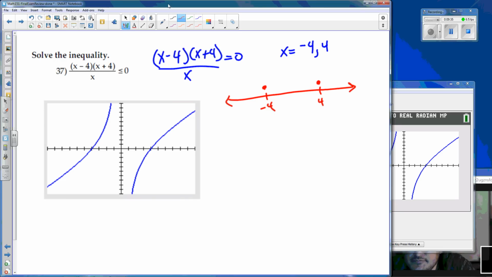From -4 this way, it is less than 0. It's greater than 0 here. It's less than 0 between here and 0. And then positive again. So this is negative infinity to 4, and it can include 4.